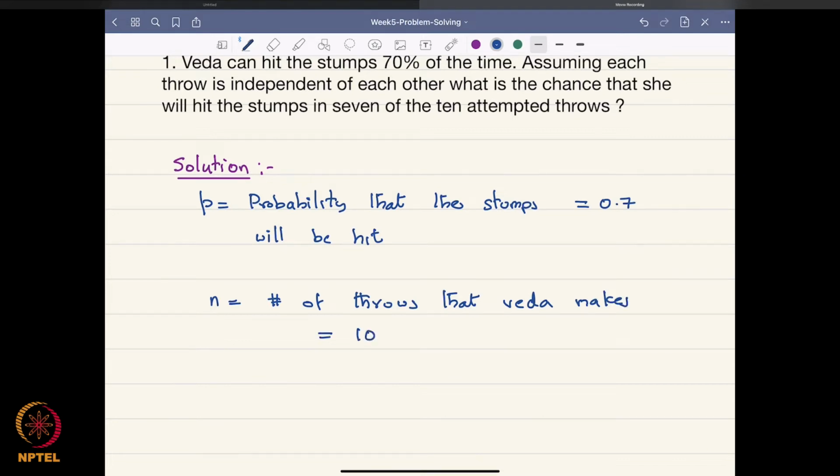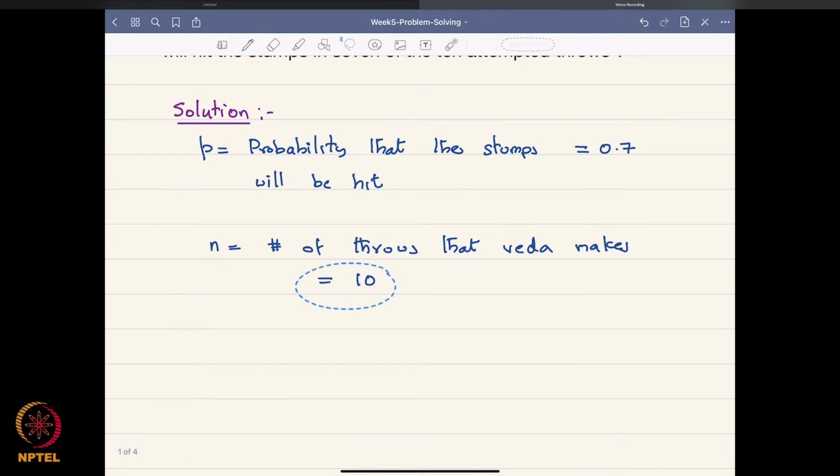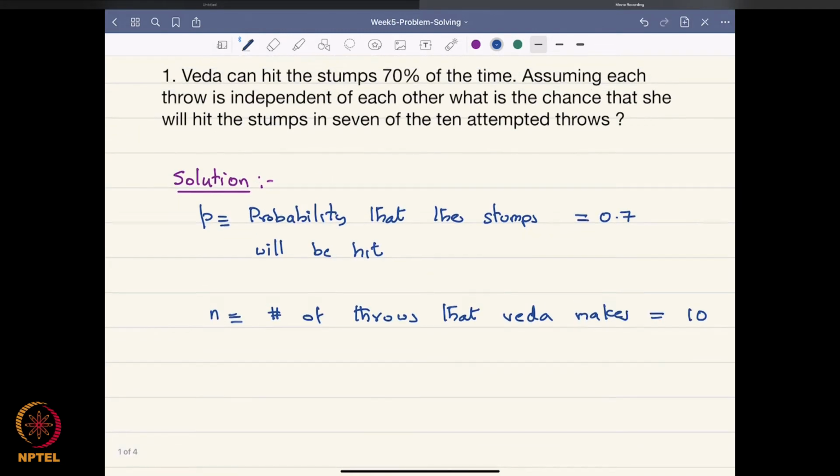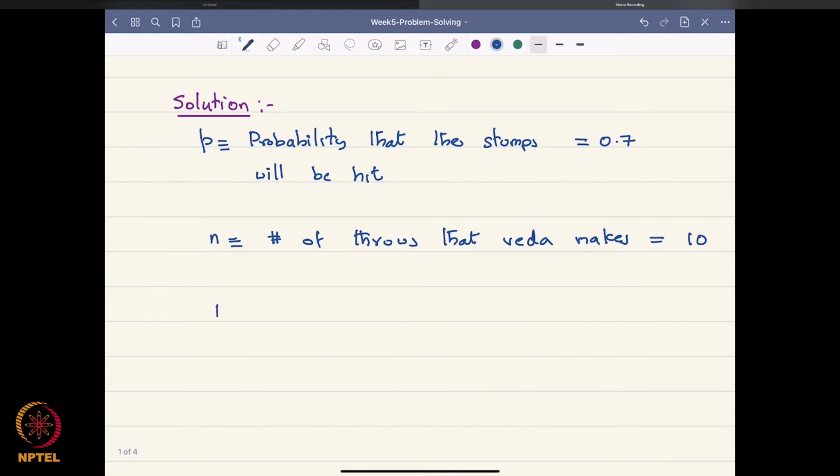Then you want to know that Veda hits the stumps 7 times. So let's say K is the number of hits to the stumps in these 10 throws, and we want to know K equal to 7.